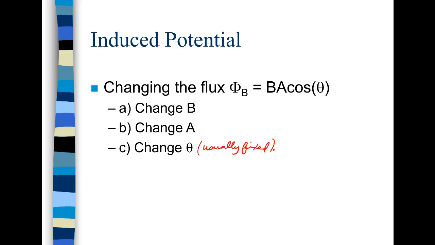That means there are two ways to have a changing flux. You can have d flux dt, with a negative sign, equal to a constant area times a changing magnetic field, or you can have a constant magnetic field times a changing area.